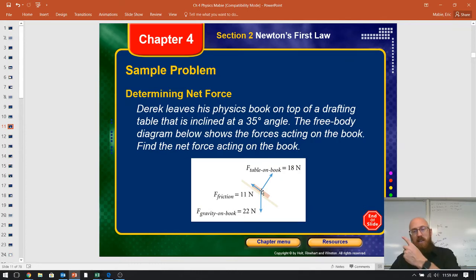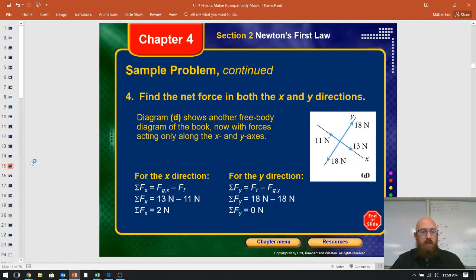The table is pushing out of the table with 18 newtons. Force of gravity is 18. Well, that's kind of convenient, because 18 to 18 cancels to 0. Is the book sinking into the table? No. Is it flying off the table? No. So that's kind of convenient. The math actually works.